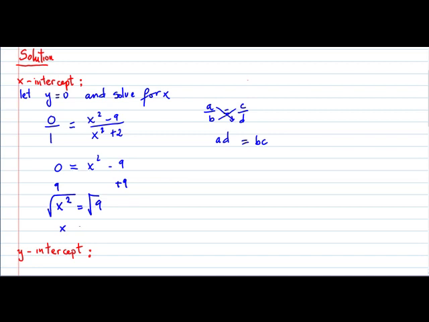For a real number, taking a square root, I have plus or minus 3. When you factor this, you will have x minus 3 times x plus 3, and you solve for x and have the same answer. So your x-intercepts are (3, 0) and (-3, 0). Those are our two x-intercepts.